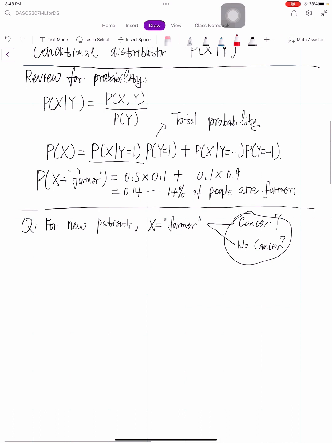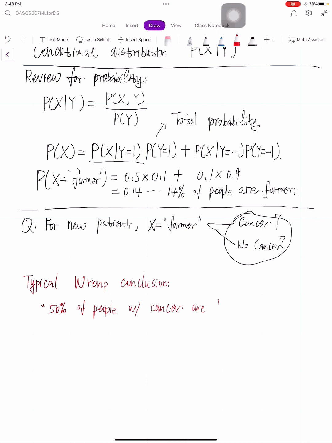So there is a typical wrong conclusion. 50% of people with cancer are farmers. 10% of people without cancer are farmers.